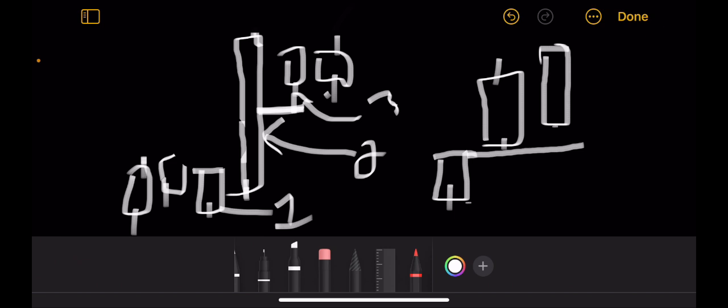Now this will be like a little gap in between here, but it still is a gap.